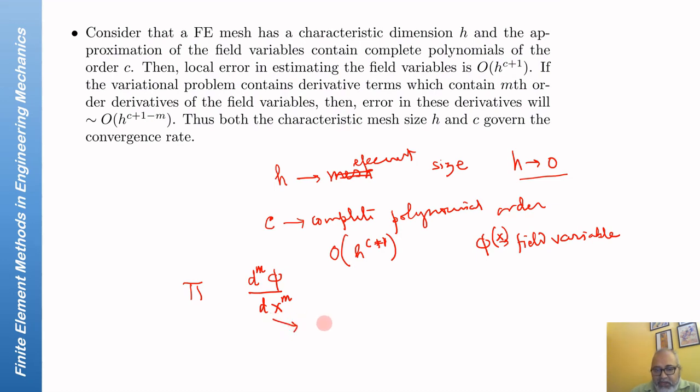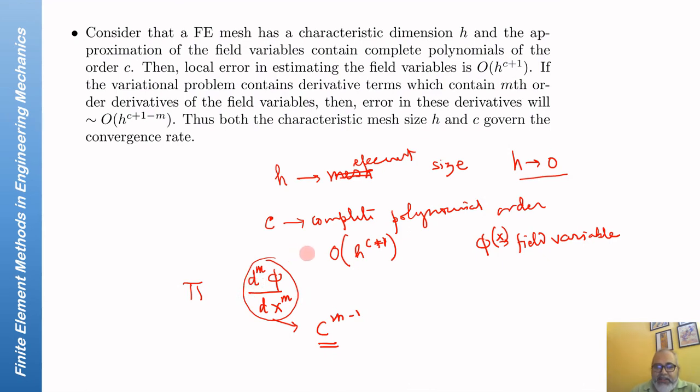So this is called a cm-1 problem. Don't worry about that, but you will have to take m derivatives of the field variable in order to get these stress-like quantities that appear in your variational principle.